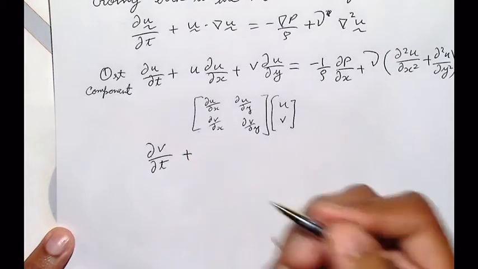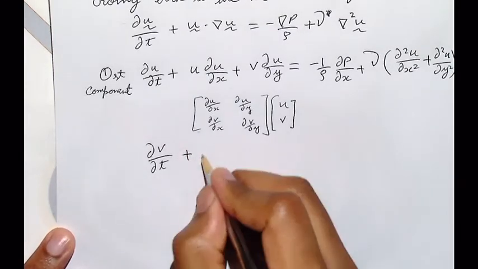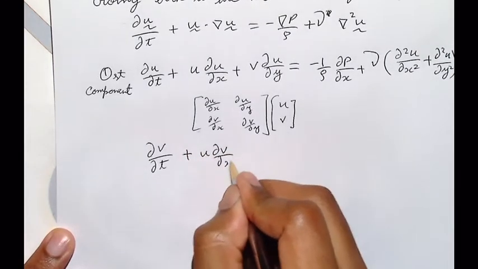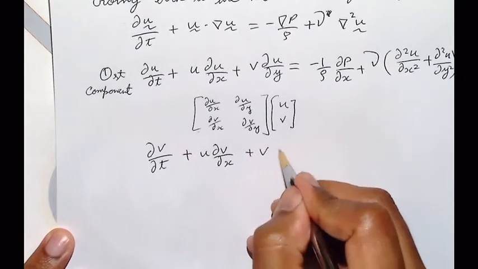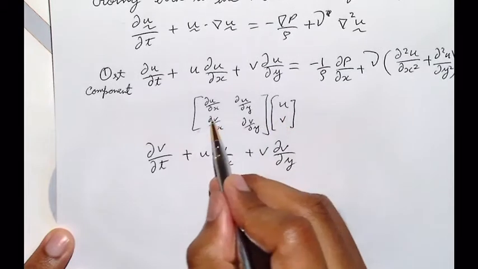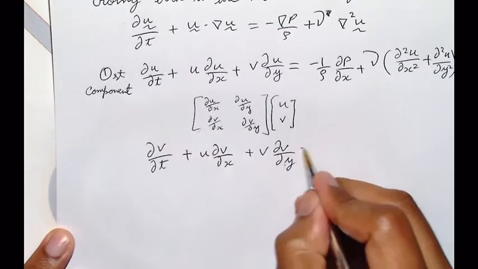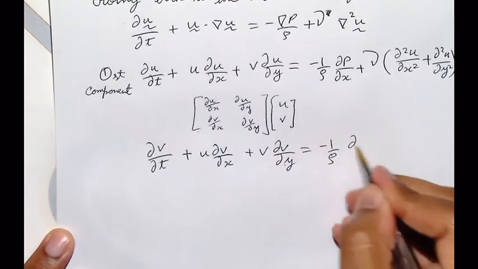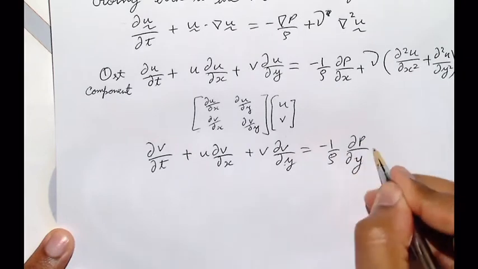Okay, what goes here? u partial v partial x plus v partial v partial y. See, it's always helpful to just write this simple thing, and now you can just go boom, boom. That gives me this. And on the right hand side, we have the y derivative.